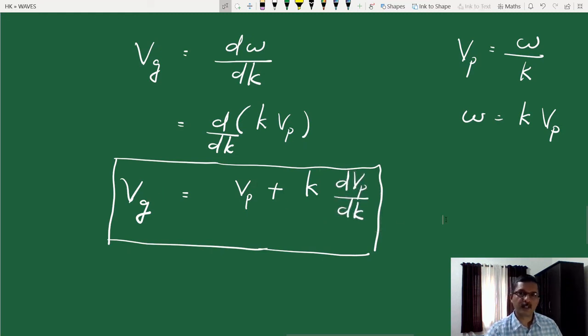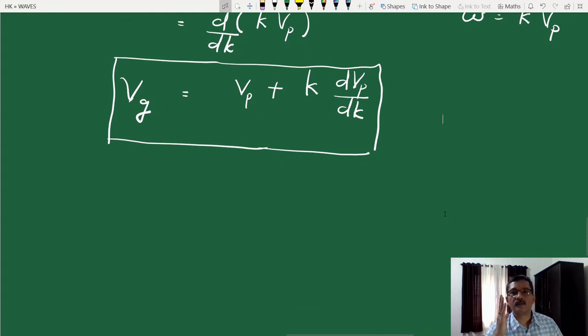See what happens in the case of glass. For glass, phase velocity increases with wavelength. From violet to red, phase velocity increases. The wave number is 2 pi by lambda, the reciprocal of wavelength. That means phase velocity decreases with wave number. So if phase velocity increases with wavelength, it decreases with wave number.